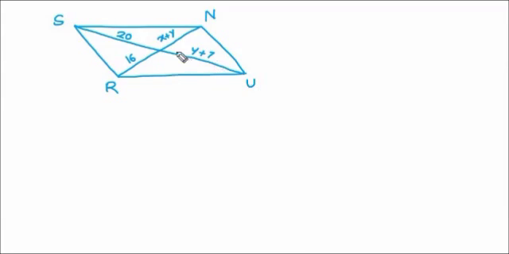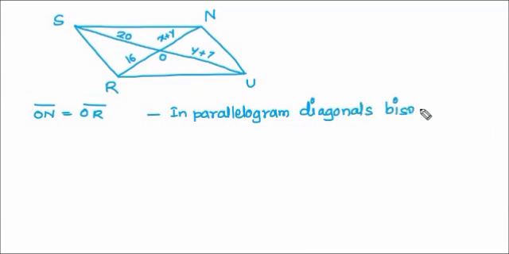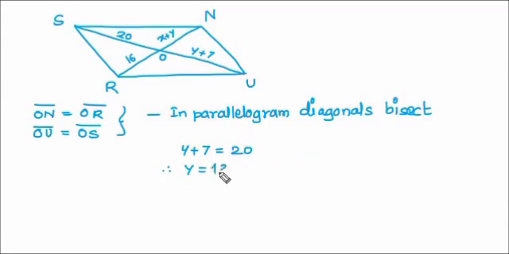So if I name this point as O, then OU is equal to OS. Y plus 7 is equal to 20, and therefore Y is equal to 20 minus 7, which is 13. Y is equal to 13.